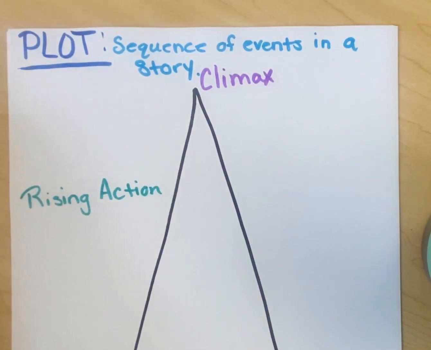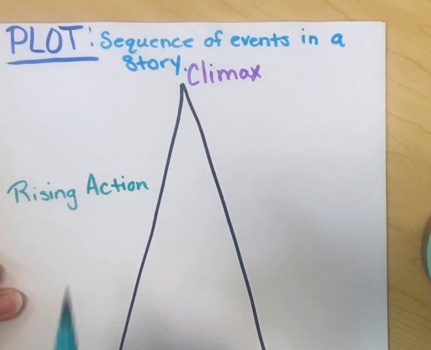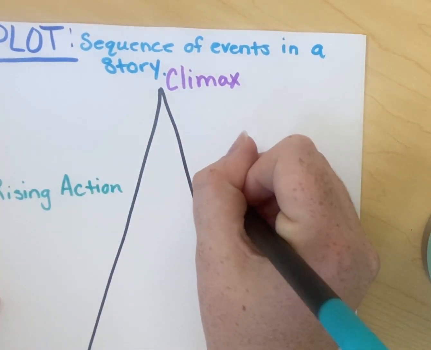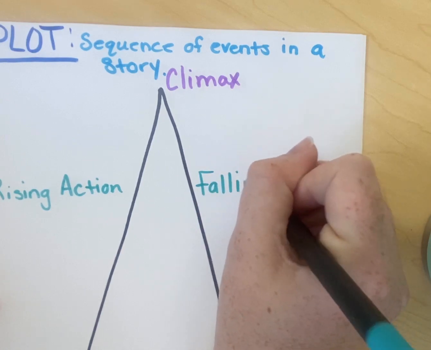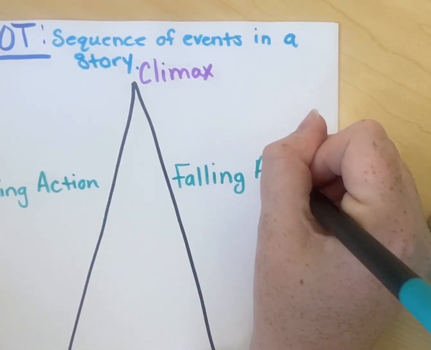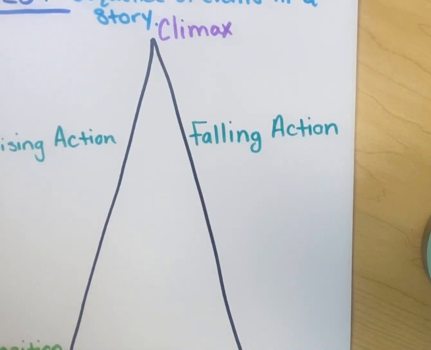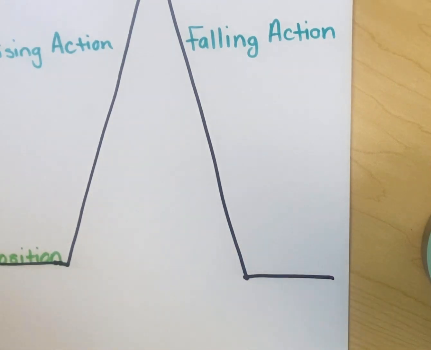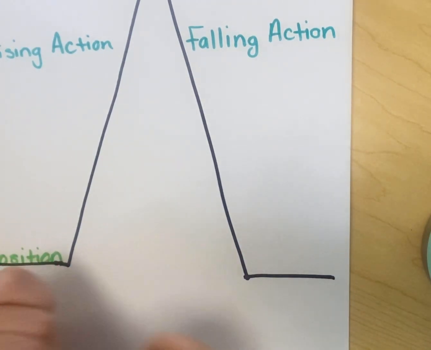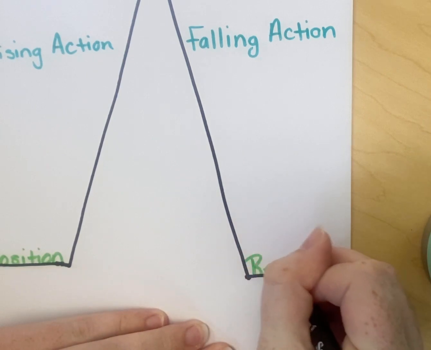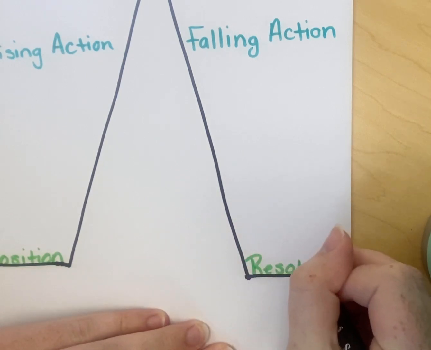It's a very tippy top. Great, and then right across from rising action, we have falling action. Falling action. And then we go all the way down to the bottom here, and we write, wrong end, resolution. So our last piece is resolution.